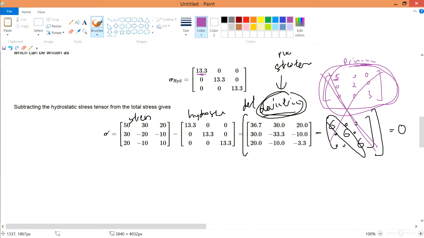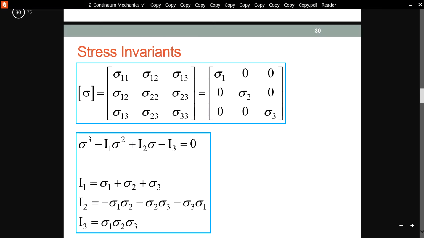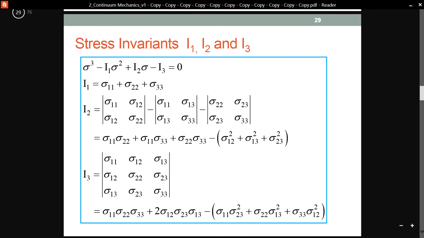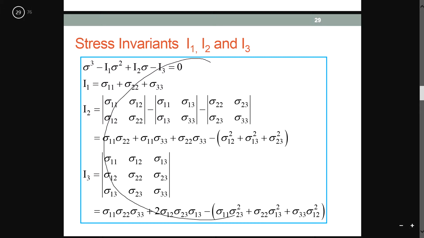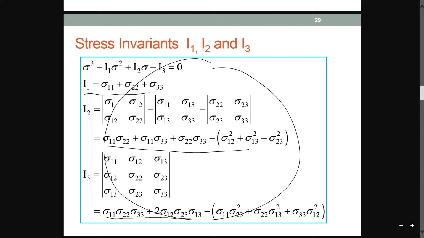Therefore, in order to find our invariants, we simply apply the formula for the principal stress, which is this one. You apply I1, I2, and I3.